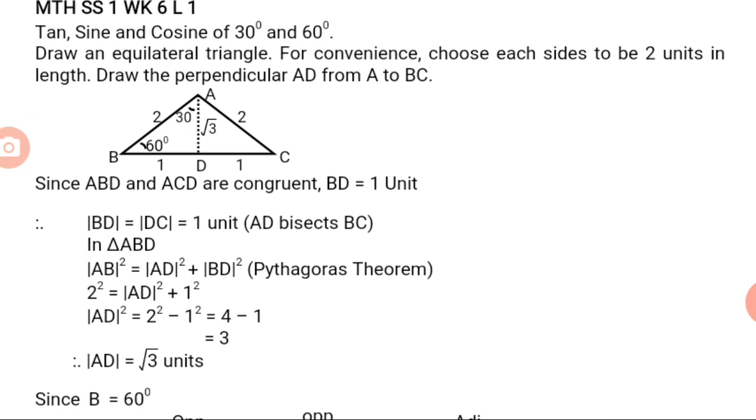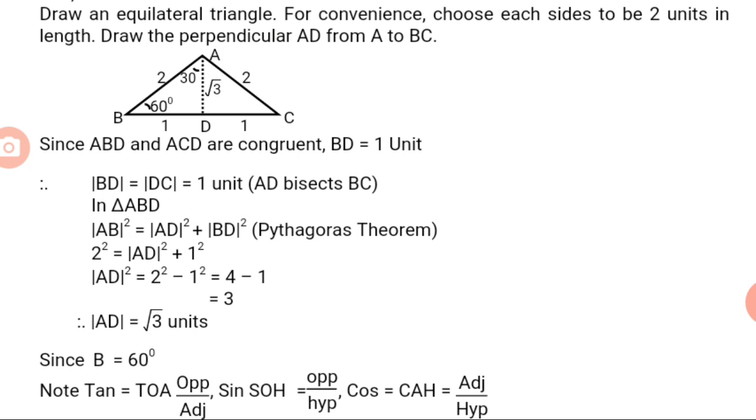Therefore, 4 minus 1 equals 3. Therefore, line AD equals the square root of 3. Are we together? Therefore, line AD is root 3.